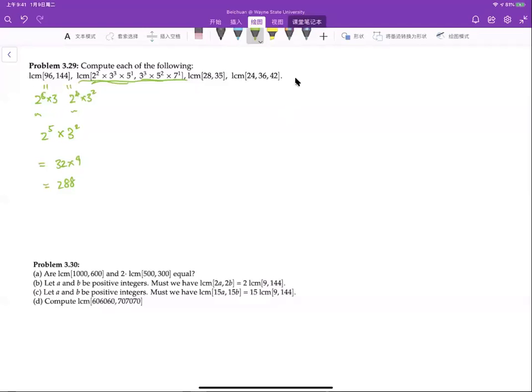I broke down 2835 into 2, 2, 2, 2, and 7. Then I broke down 35 into 5 and 7. Then I did 7 to the power 2 times 2 to the power 2 times 5. Oh, which one are you talking about? B. Oh, B. So in this case, we have the two prime factorizations, right?